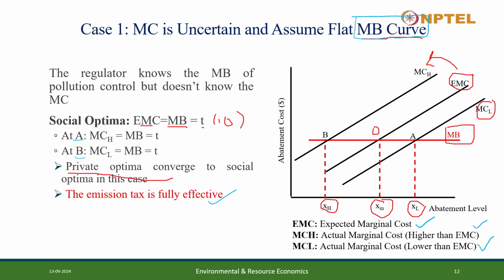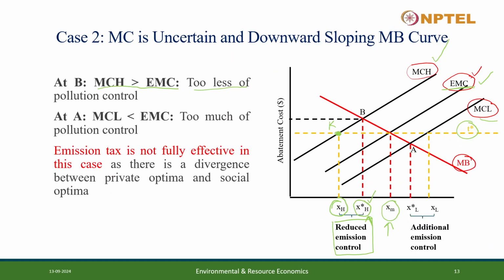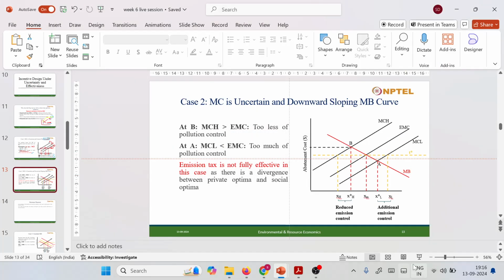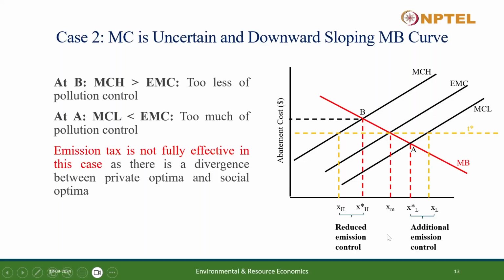okay, now in this case what I get is, okay, now my marginal cost is lower than expected marginal cost. My optimum level of abatement which I calculated through expected marginal cost is XM, right?